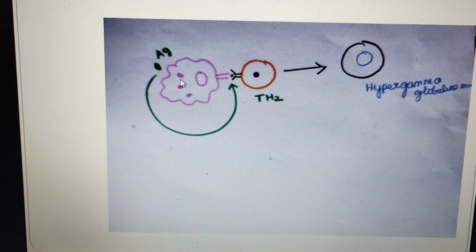It will directly bind to, as I already told, the V beta receptor site of the MHC2 of the T helper cells. So this antigen will bypass this step and bind to the V beta receptor of the T helper cells. This V beta region is the binding site for the superantigen.